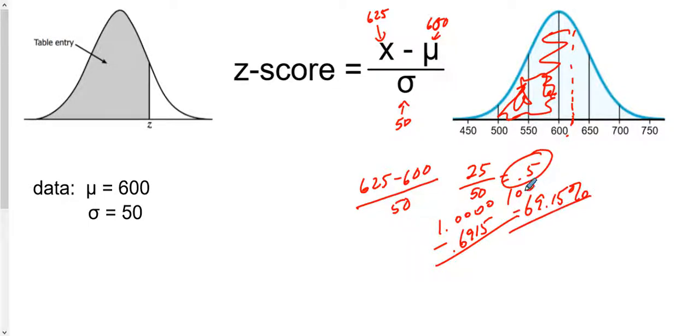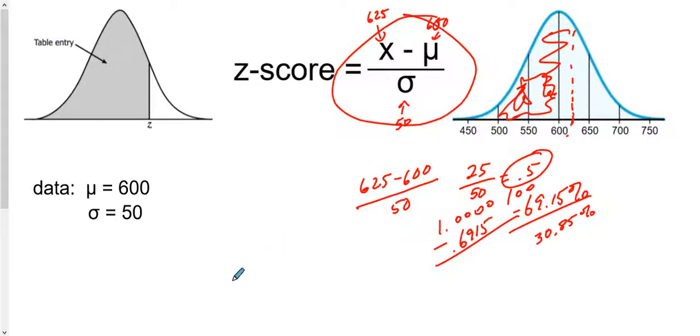We would be talking about 30.85% of the data. So that's how much data is on this side. Again, this initial calculation always finds left side data. You have to convert it to right side data by taking it away from 100% if you want to. So that's how you do left side, right side.